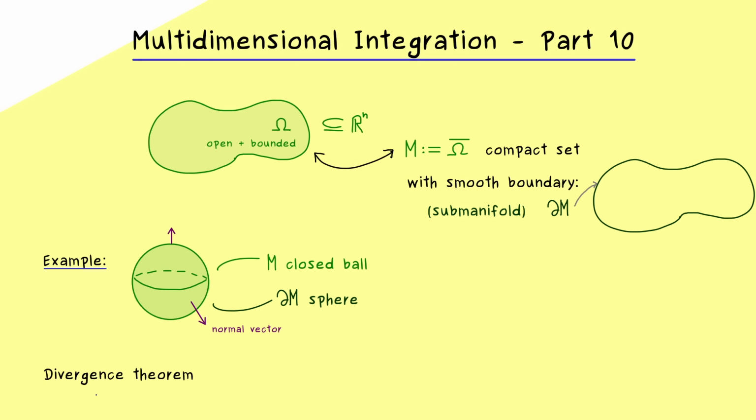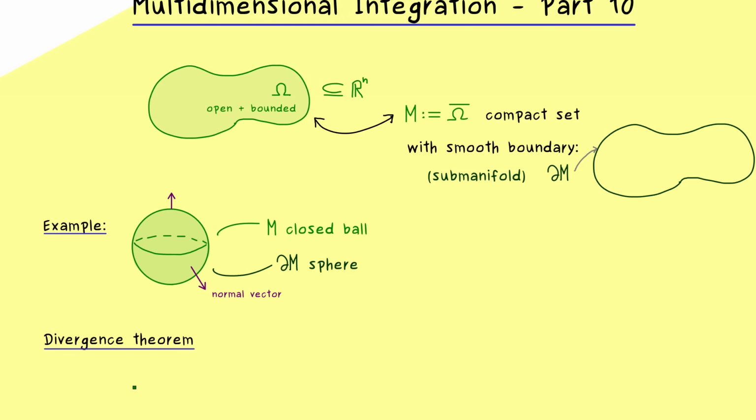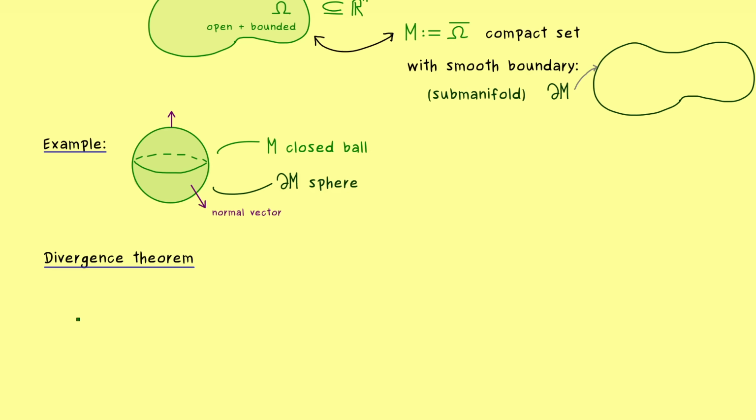And with that we are ready for the divergence theorem in Rn. And you might already know, this one is also known as Gauss's integral theorem. And as already mentioned, if you want to see the proof of this theorem, please look at my manifold series. Here we don't need to be too abstract because we just work in Rn. So we have a compact set M that comes from an open set in Rn.